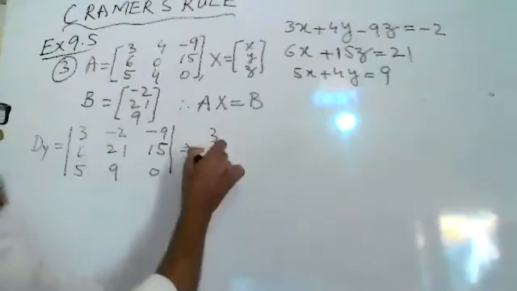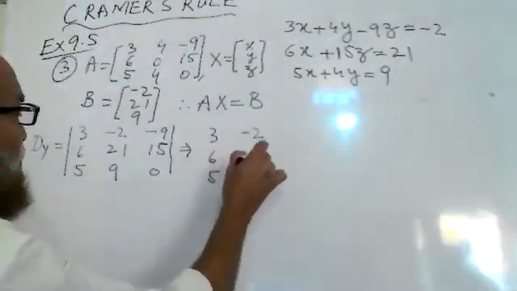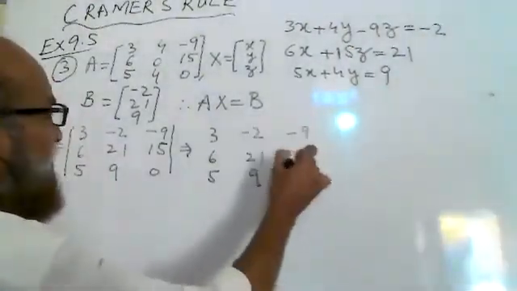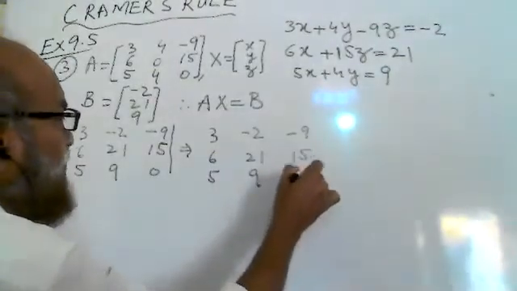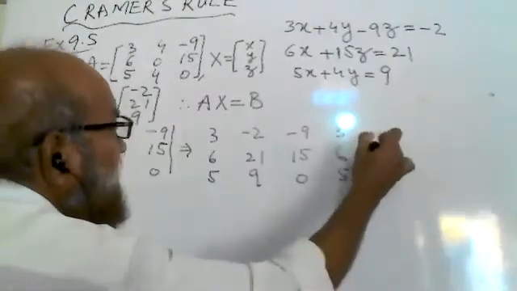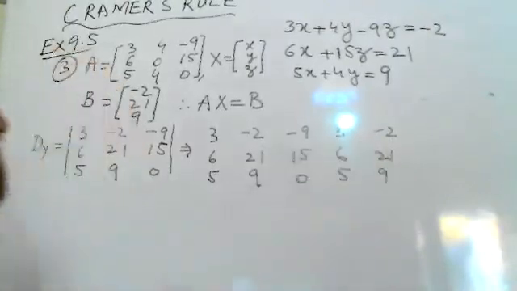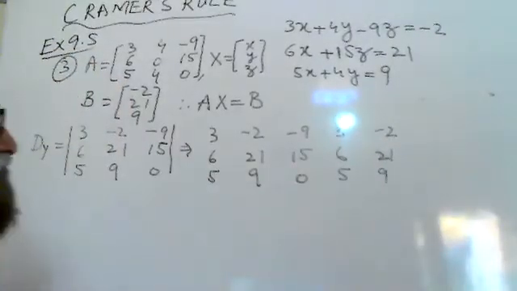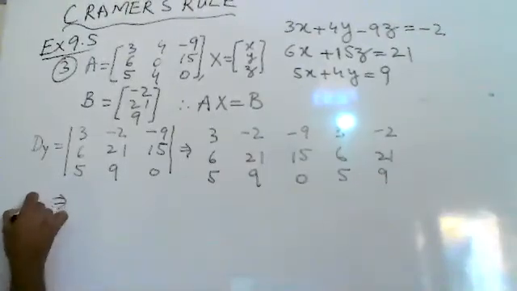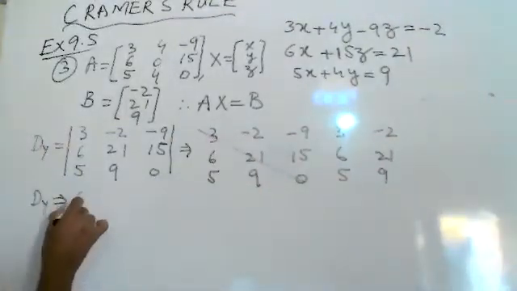Now we will evaluate. 3, 6, 5; minus 2, 21, 9; minus 9, 15, 0; 3, 6, 5; minus 2, 21, 9. 3 into 21 into 0 will be 0.